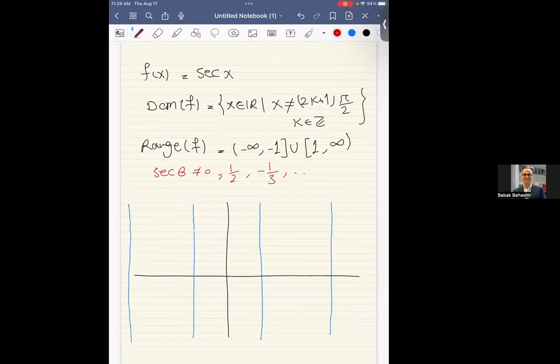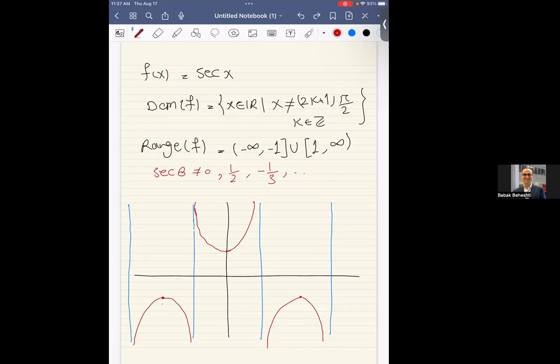And secant goes like this. I mean, that's fine. It's enough. But this repeats again and again.